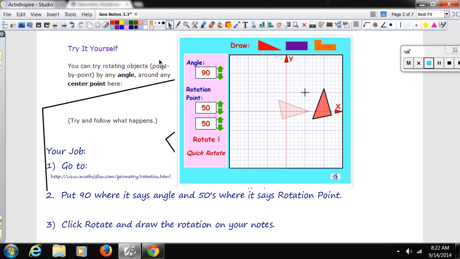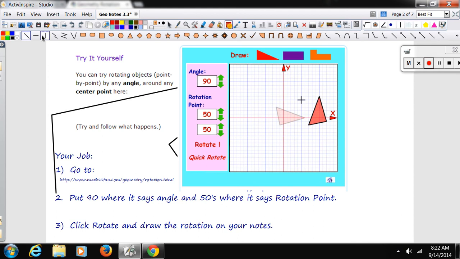Now, I do want to show you those 90-degree angles just so you can see them. This first point right here becomes this point right here. These two points get rotated, and you can see it makes an exact 90-degree angle from this point to this point, and it works on all the points.